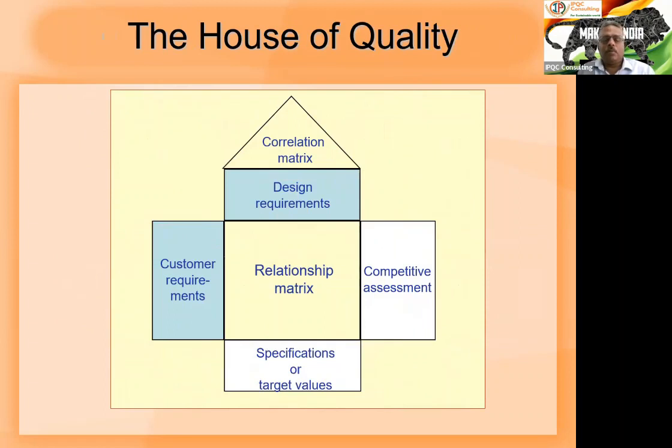Basically, on the left-hand side there is a box, and the right-hand side box is the competitive assessment. The left-hand side is the customer requirements. In the middle is called the relationship matrix. At the top are the design requirements, more of design language, basically design specifications of the product.